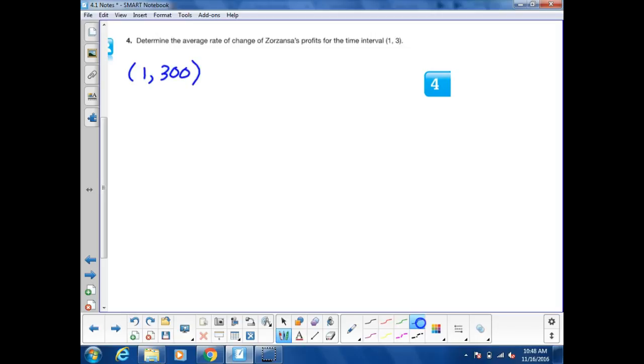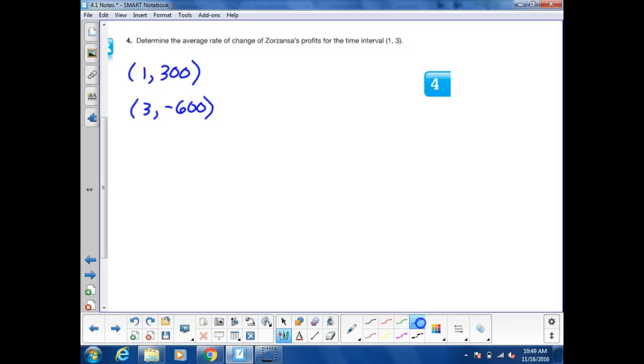So y is in thousands. Okay? What else do I need? I need the 3-year profit. What's the 3-year profit then? About negative 600-ish. All right? So from that, then I need to calculate average rate of change.